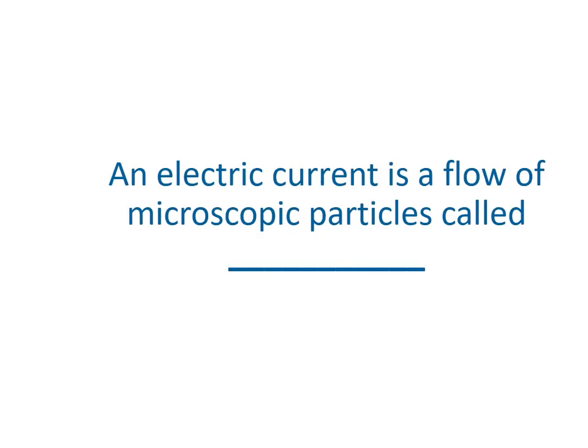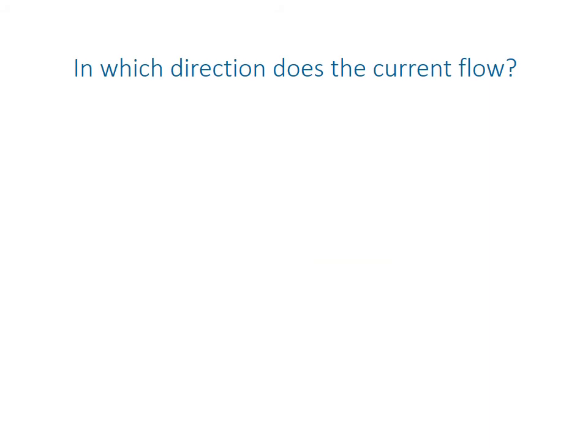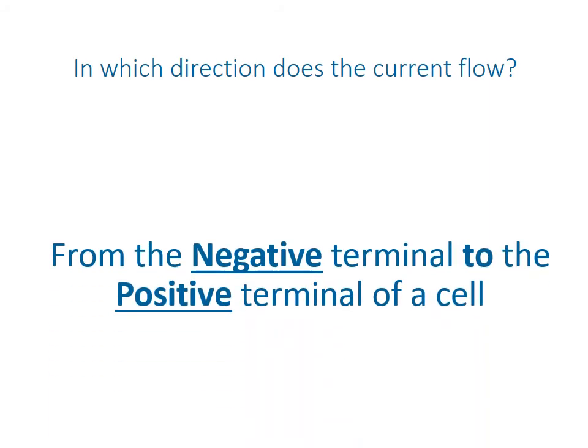An electric current is a flow of microscopic particles called electrons, and current is measured using an ammeter. And remember, the symbol for an ammeter is A. In which direction does the current flow? Well, the current flows from the negative terminal to the positive terminal.